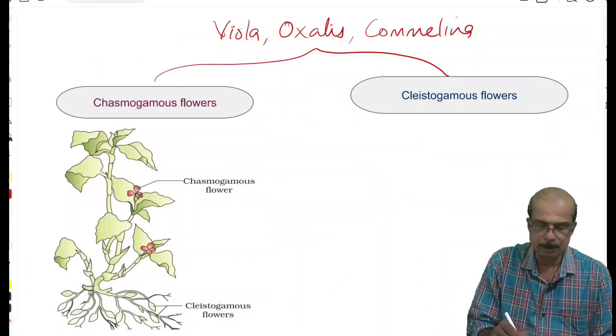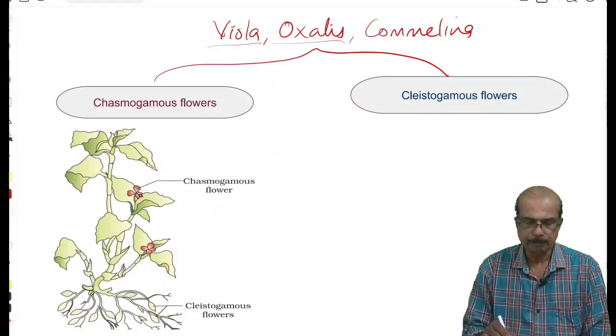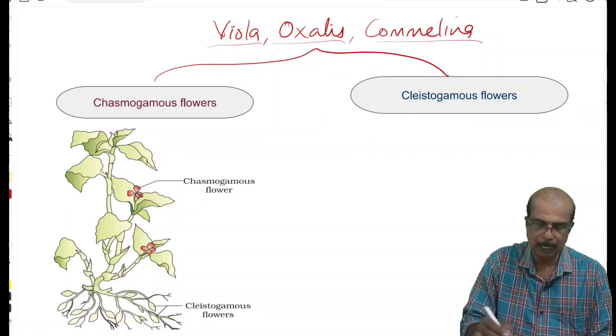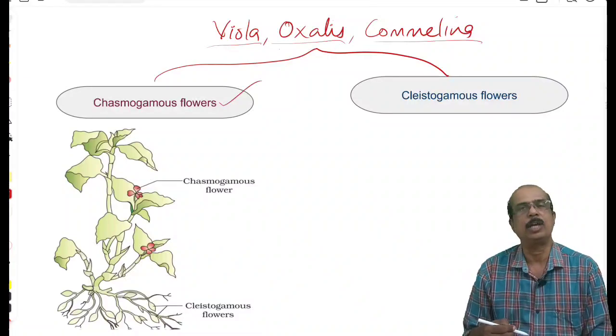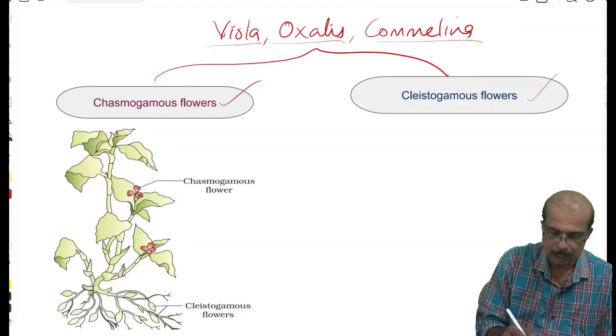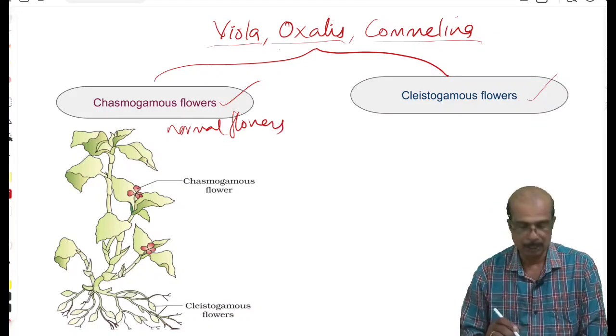In some special plants, namely Viola, Oxalis, and Commelina, they produce two types of flowers: chasmogamous flowers and cleistogamous flowers. What are chasmogamous flowers? These are normal flowers, produced during the season.